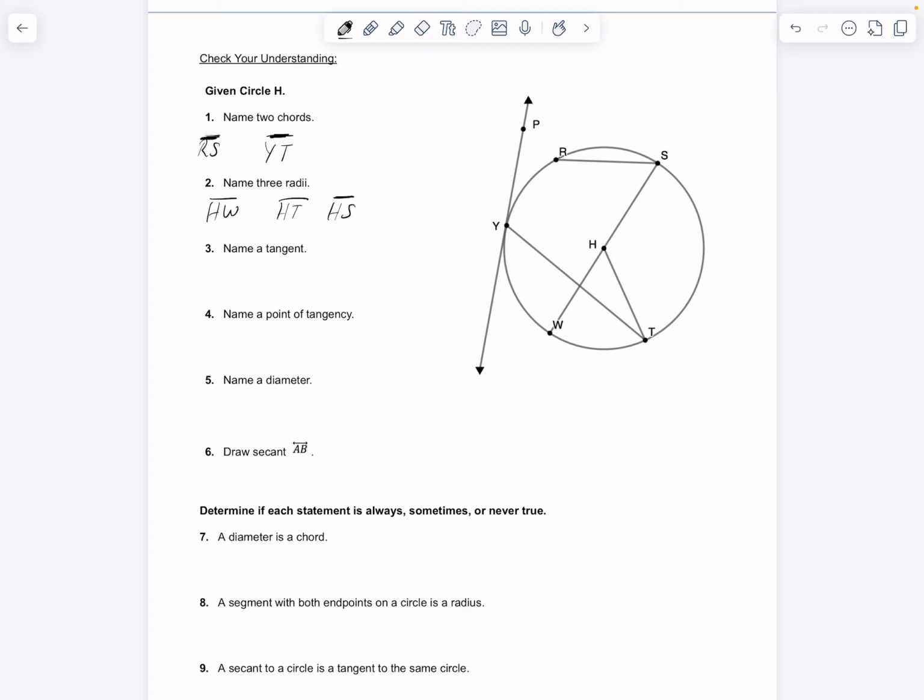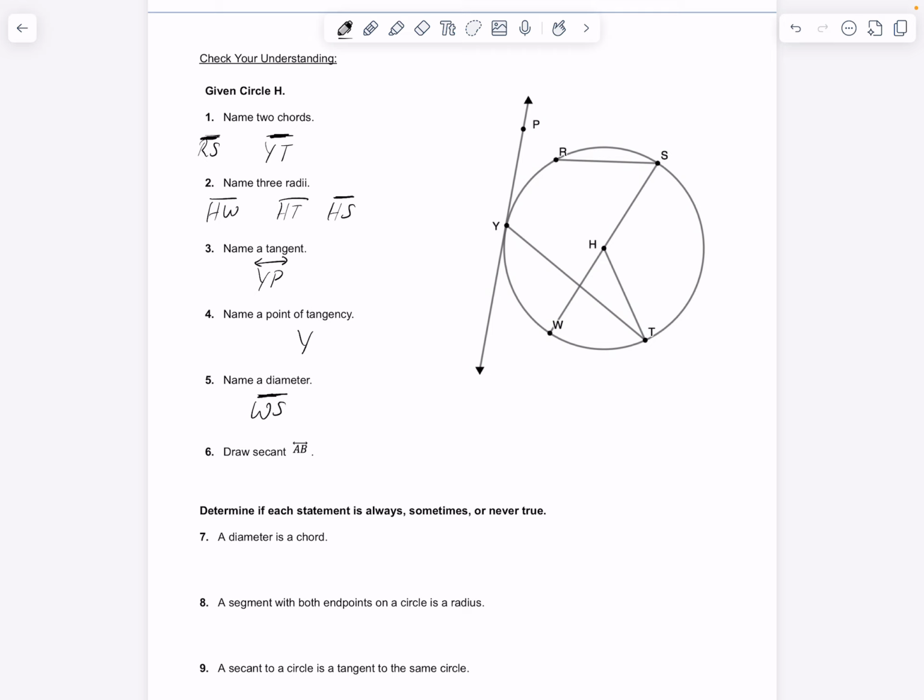So that's 3 radii. The tangent that I see here, again, which has that point of tangency, which is point Y. The tangent is that line YP. Right, so that's the tangent line.